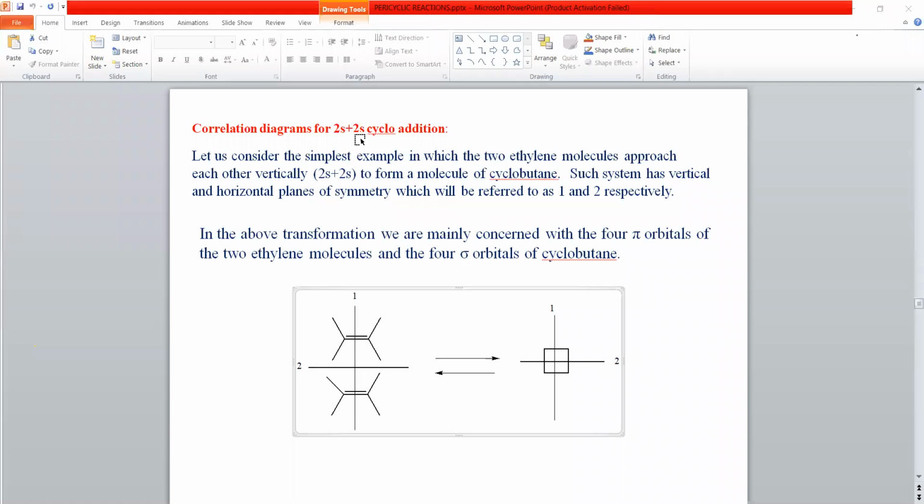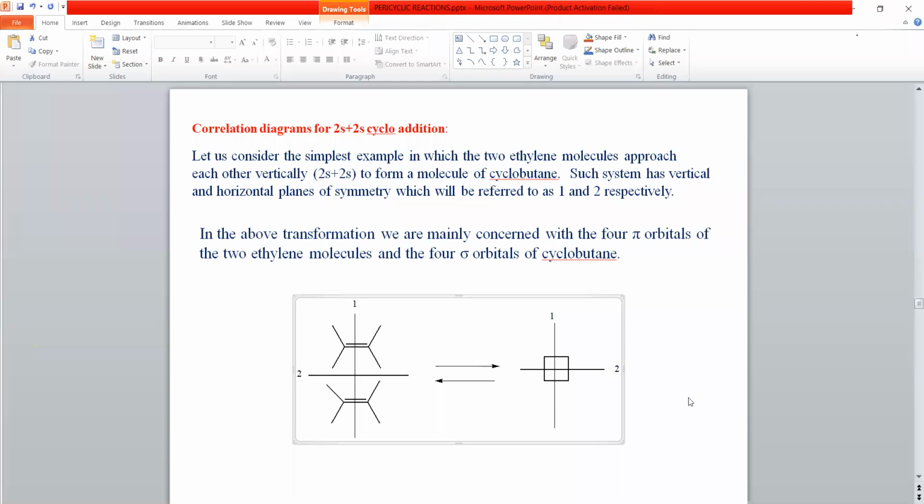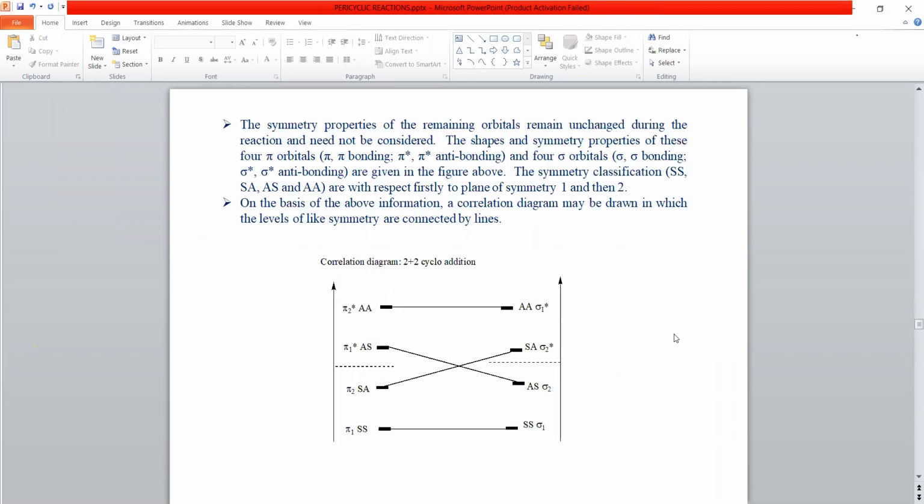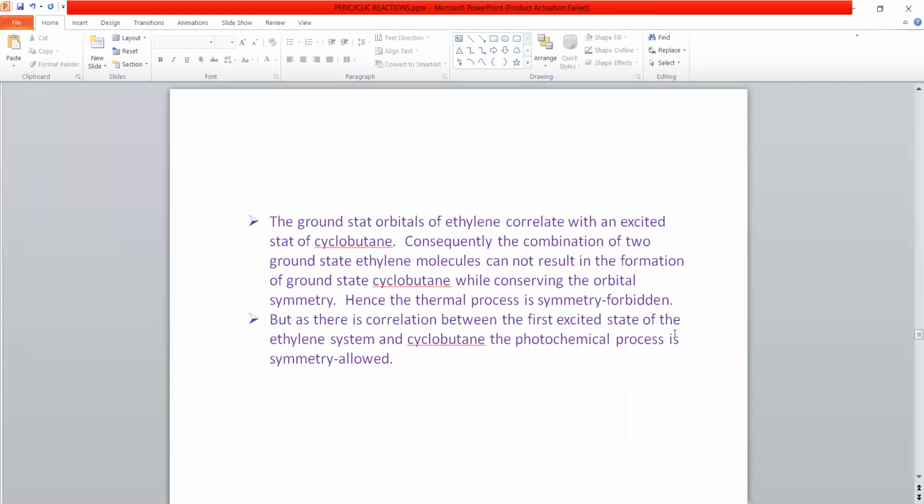This 2s plus 2s cycloaddition has a vertical plane of symmetry and also a horizontal plane of symmetry. We have already seen the construction of correlation diagrams for this. This reaction is thermally forbidden, photochemically allowed.